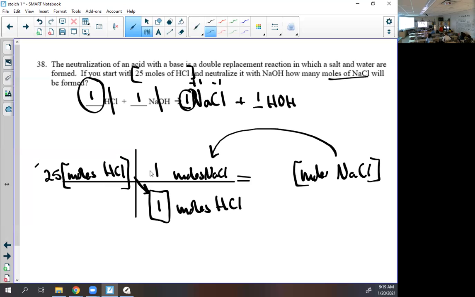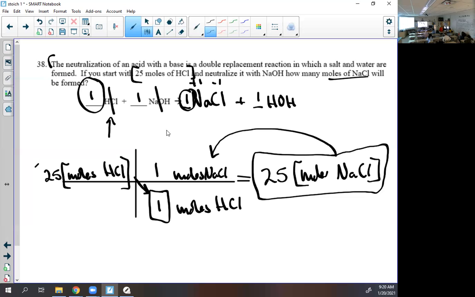It's 25 times 1 divided by 1 equals 25. It explains the reaction, but really all you need is this part. It is cool though. You take an extremely strong acid and an extremely strong base, and you just make salty water.